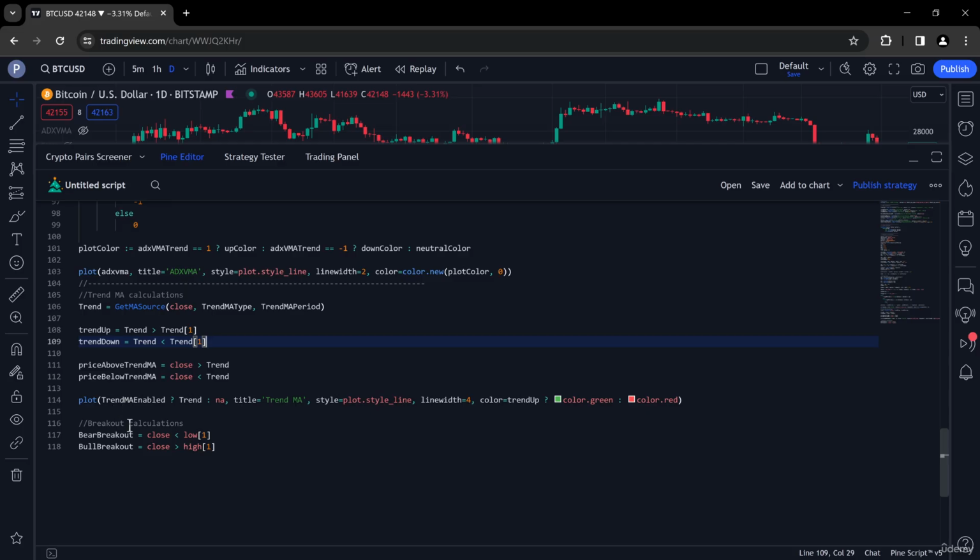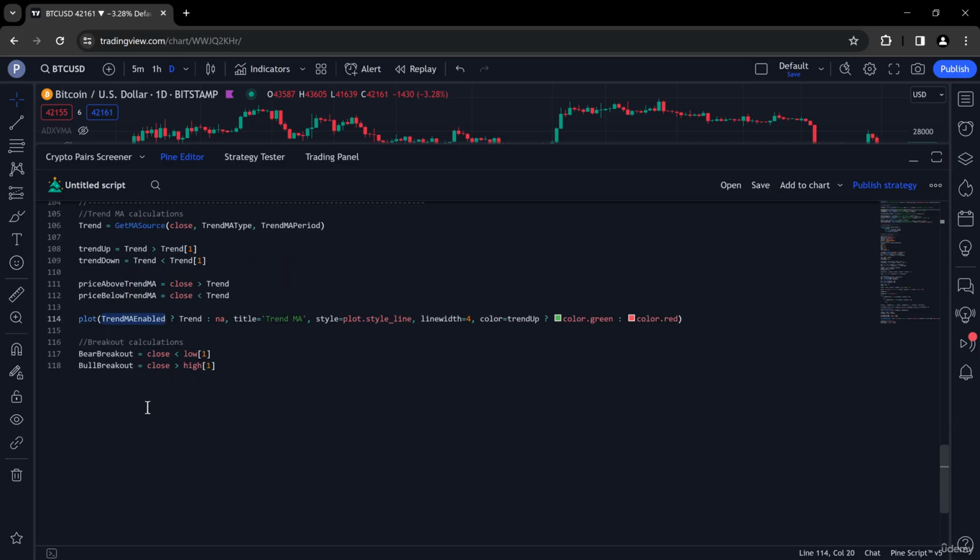After that we plot trend moving average. Whenever trend moving average is enabled, then we plot it. And also we calculate breakout, bear breakout or bull breakout. We need this variable in order to calculate our exit logic when certain exit parameters are enabled.